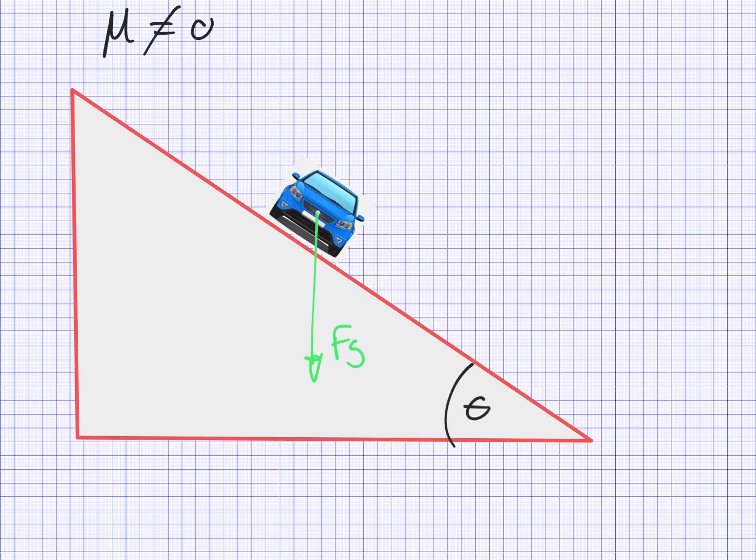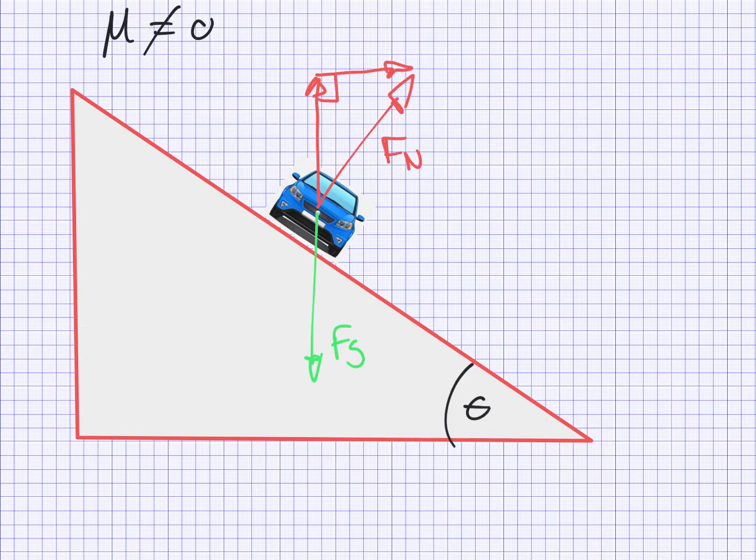Let's keep going and put on the force normal acting on the car as a result of that gravity and the fact that it's on a slanted slope. That's the force normal perpendicular to the surface that it's acting on. And of course, that will be comprised of a component and another component here.